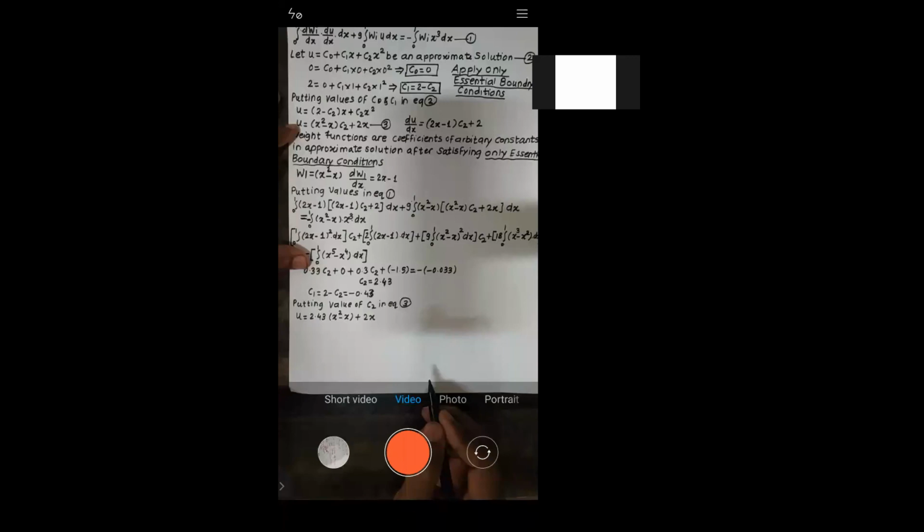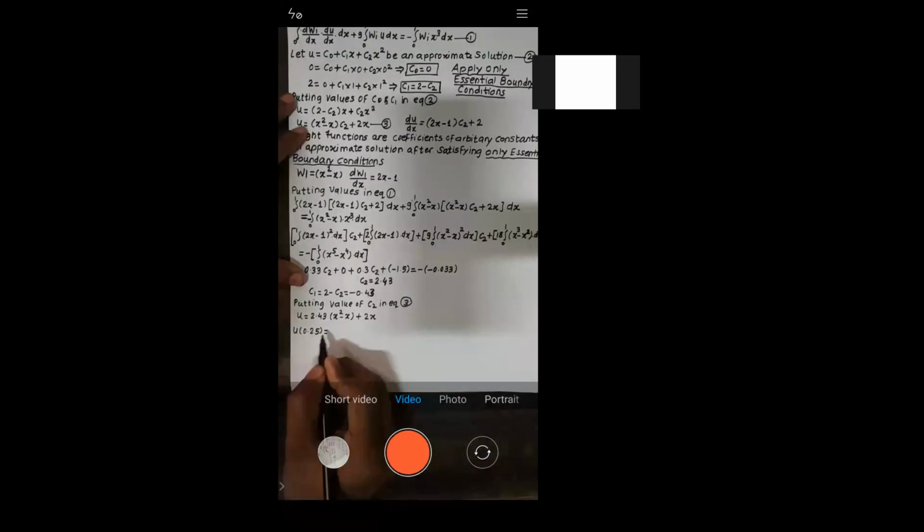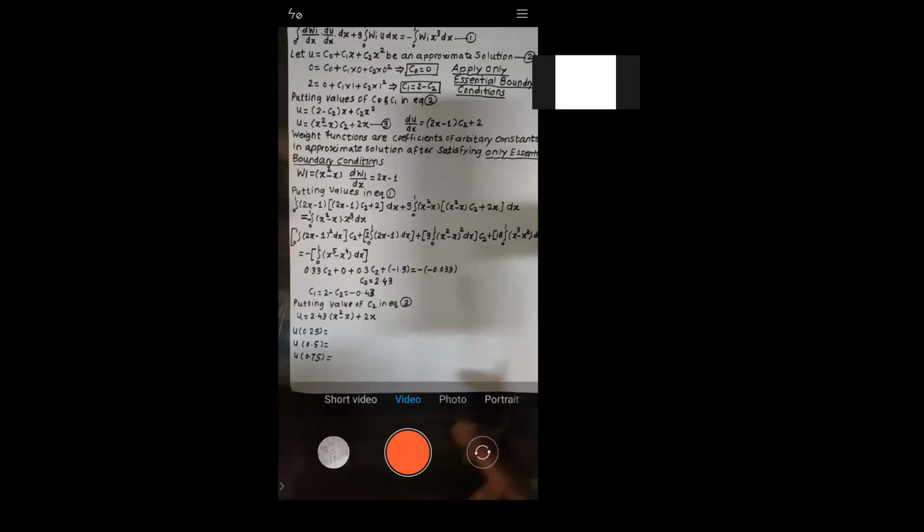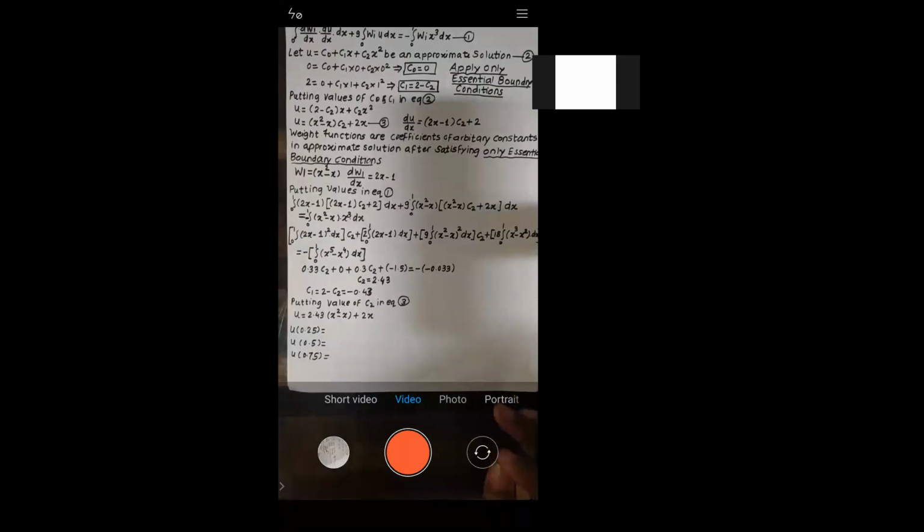Okay, so now you calculate U at 0.25, then U at 0.5, and then U at 0.75. You just put these values of x, so you will get the value of U.